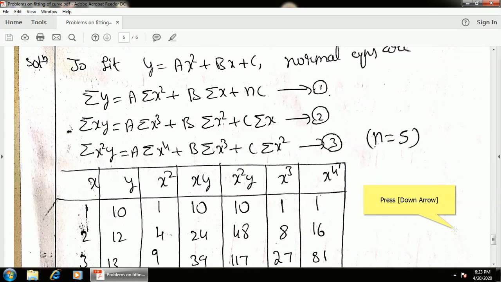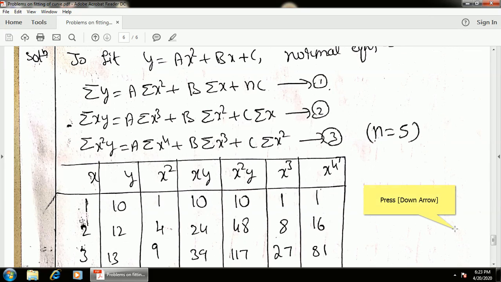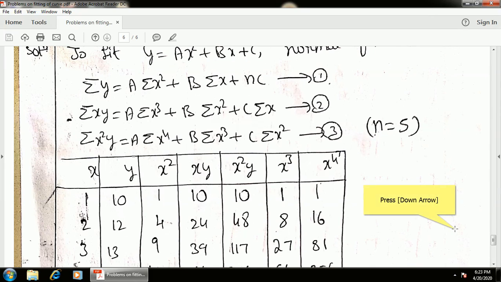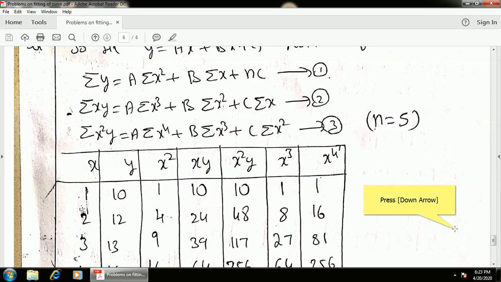Take the summation on both sides, multiply throughout by x, then take the summation, multiply throughout by x square, then take the summation. Those are the normal equations. Find the corresponding sums.